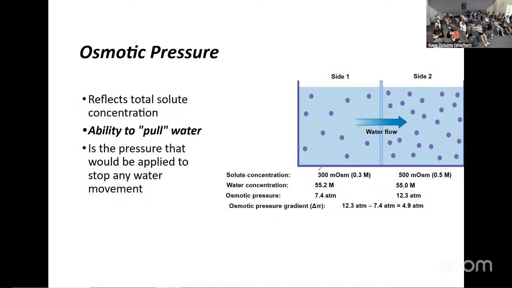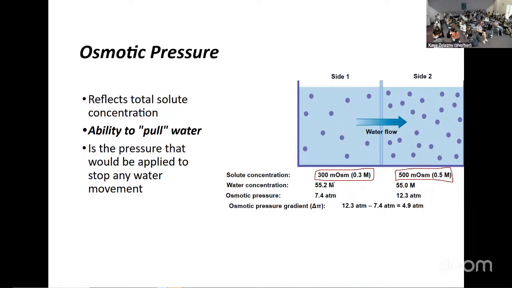Okay. So in this case, we have a solute concentration, let's call it glucose, so we don't have to do that doubling like we did with the sodium chloride. Solute concentration of 300 milliosmoles on side 1. Solute concentration of 500 milliosmoles on side 2. So we can see that's lower on side 1, higher on side 2, which means that our water concentration is the reverse.